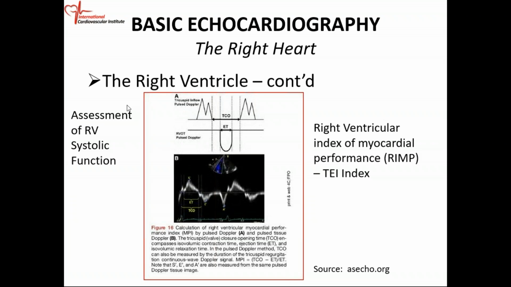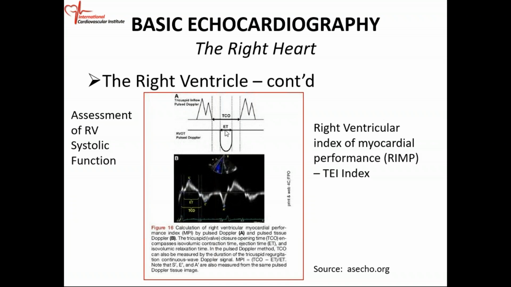So the definition for RIMP is from tricuspid valve closure to tricuspid valve opening. You're going to subtract from that the ejection period, and then you're going to divide by the ejection period. That is the definition for RIMP.